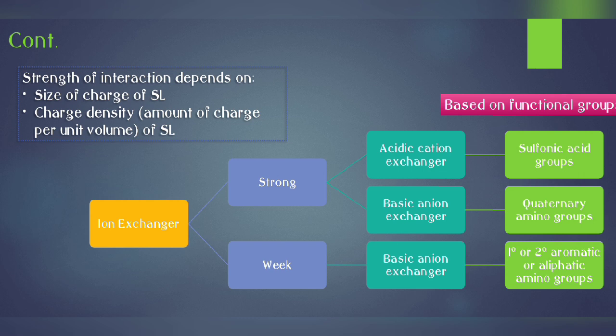Strong ones include acidic cation exchangers and basic anion exchangers. The functional group most commonly present in anion exchangers is the quaternary amino group. Then the strength of interaction depends on the size of the charge of the solute and the charge density.